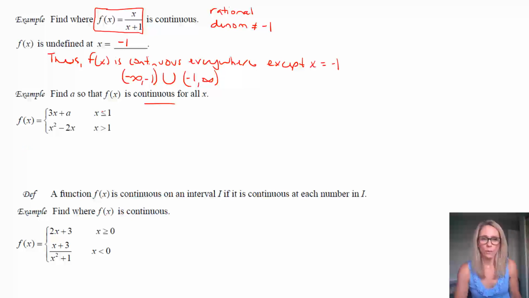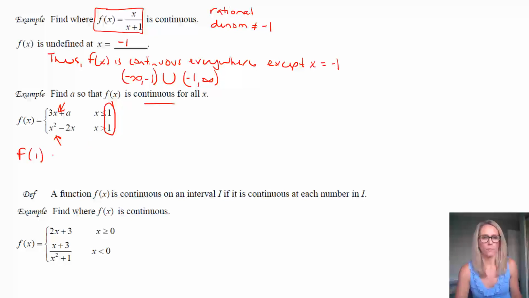So the only place where we're going to have an issue, this is a line, this is a quadratic. Those are quadratics and lines are smooth and continuous. So the only place where there could be an issue with continuity would be at 1. So that's what we care about. So that's what we want to think about our conditions.